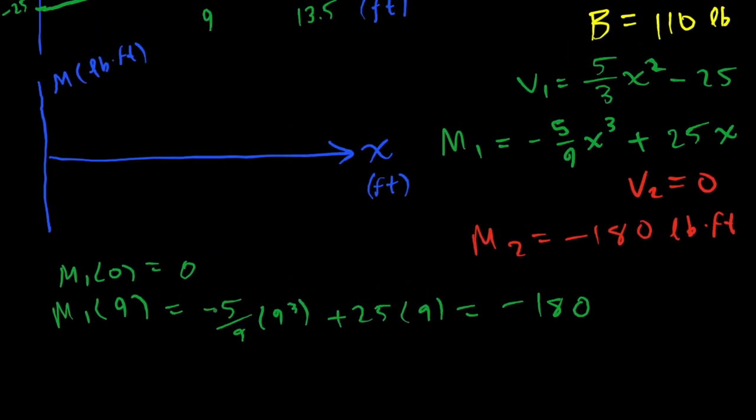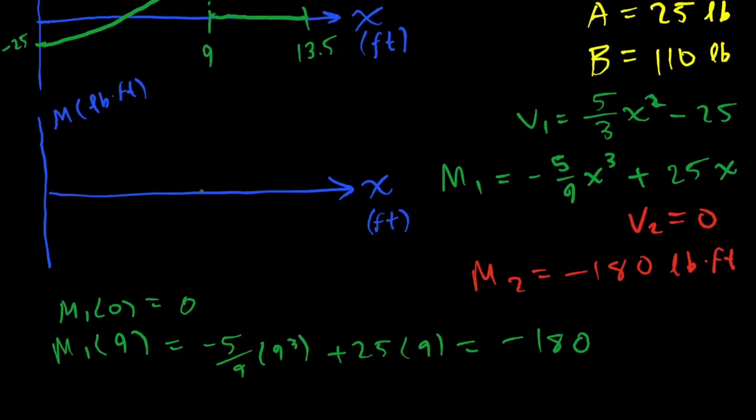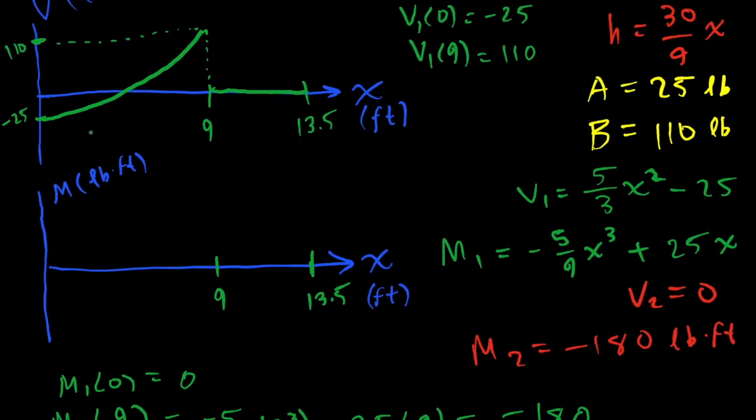So let's use this information to sketch our curve. We have a change happening at x equals 9, and we also have the termination of the beam at 13.5. We're not going to worry too much about concavity for this polynomial. You actually don't need to worry that much about it for quadratics as well, but that's pretty easy to figure out, whether it's concave up or down.